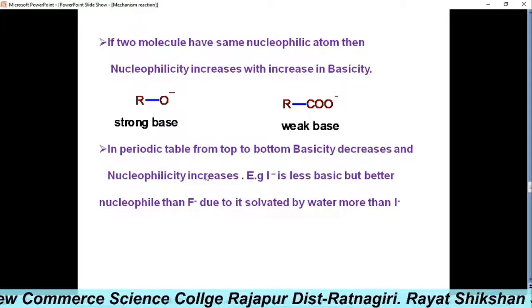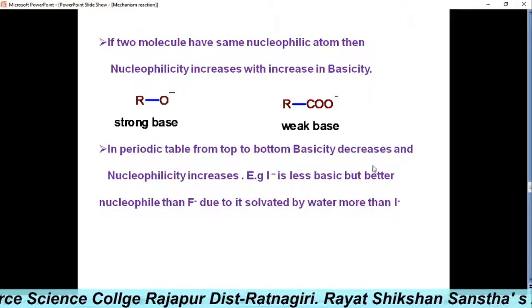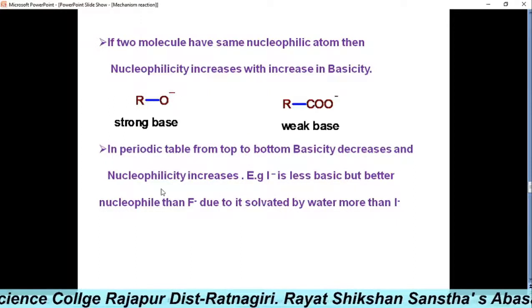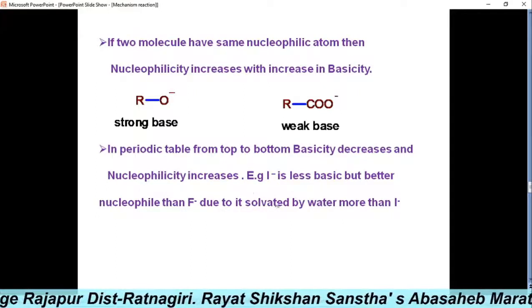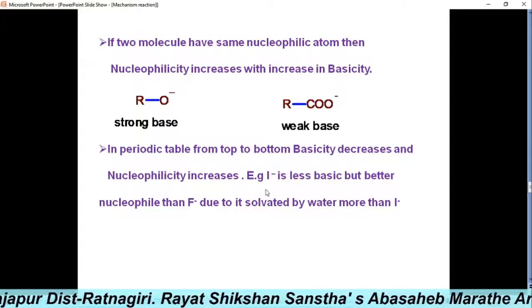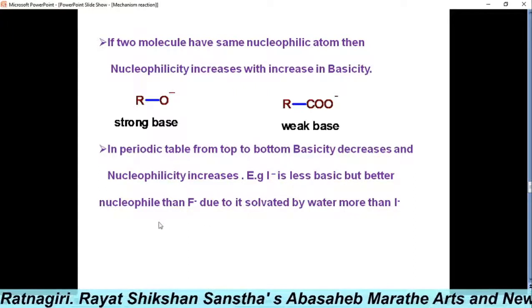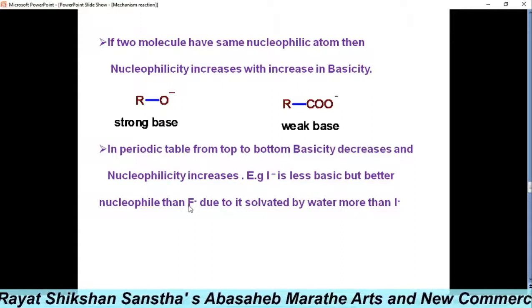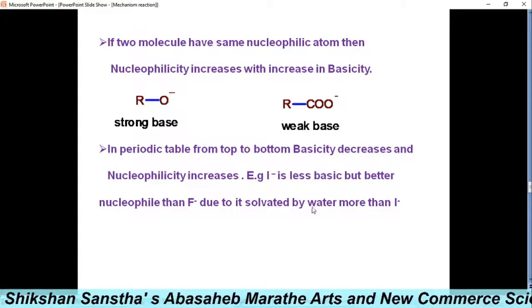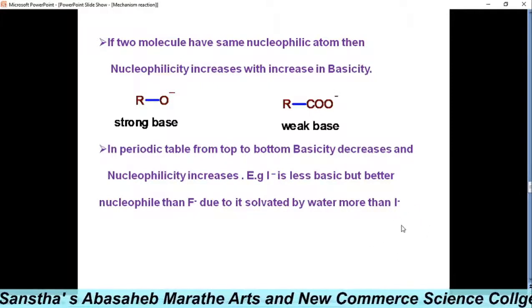In the periodic table, from top to bottom, the basicity decreases and the nucleophilicity increases. For example, take iodide, which is less basic but a better nucleophile than fluoride, because fluoride ions will be solvated by water more than iodide.